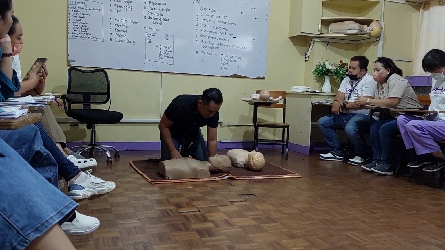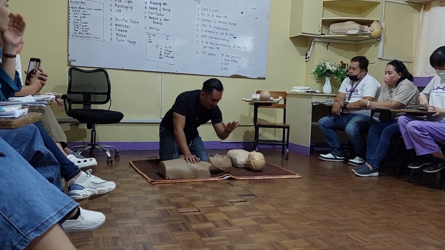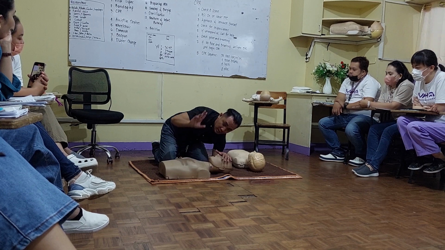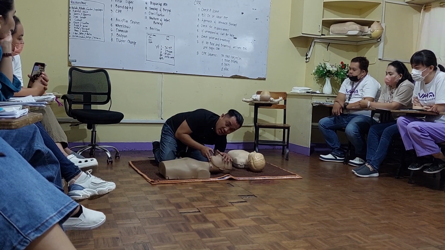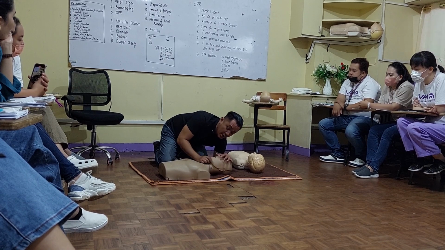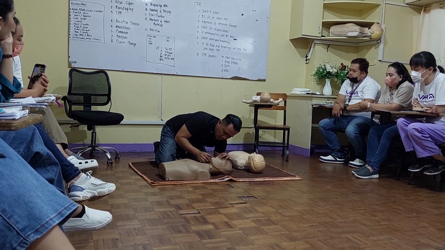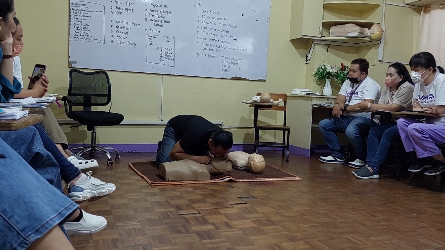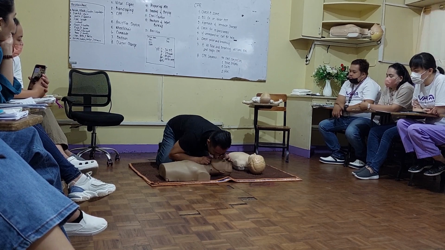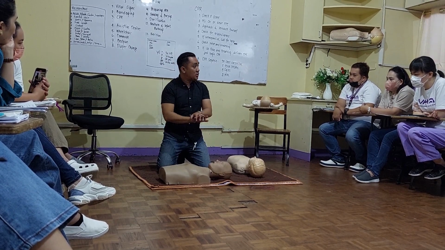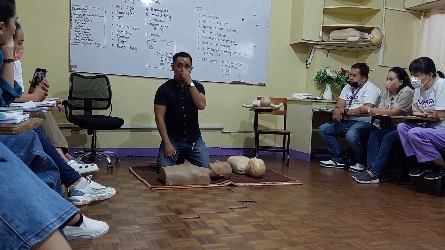One of our hands will tilt the head, then the other hand will lift the chin, so that this will help open the airway. Pinch the nose, then provide 2 rescue breaths. Then after 2 rescue breaths, continue with the chest compressions for the second cycle.